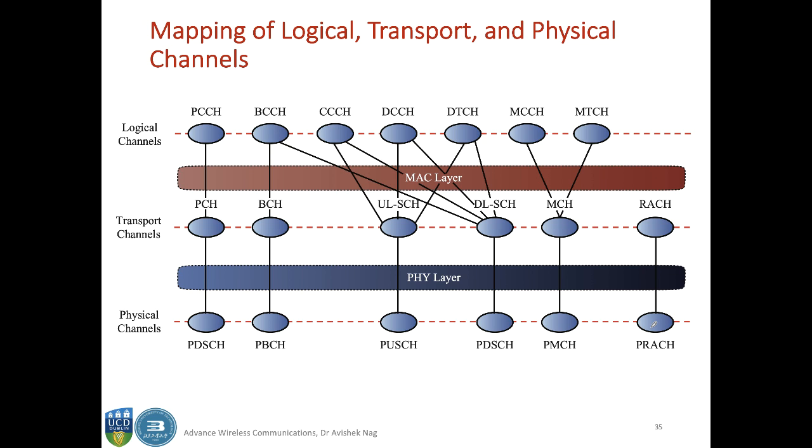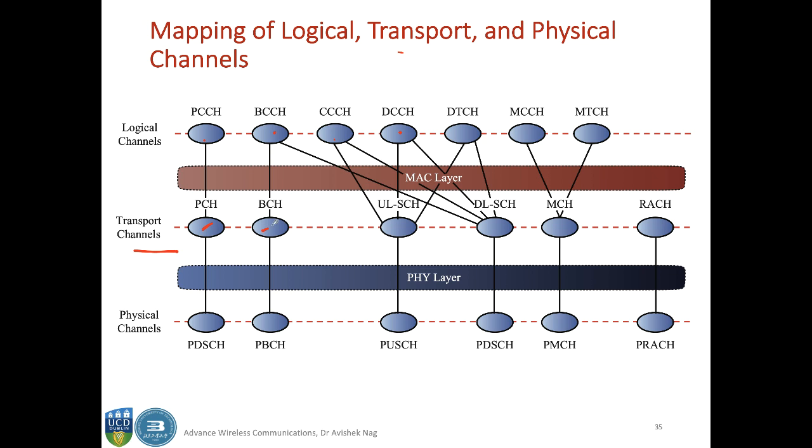This picture gives you a more detailed overview of the channels. It shows the mapping of the logical, transport, and physical channels. These are the logical channels. Between the MAC layer and the physical layer, you have the transport channels.